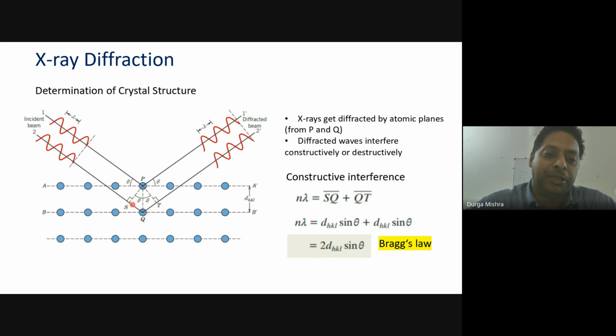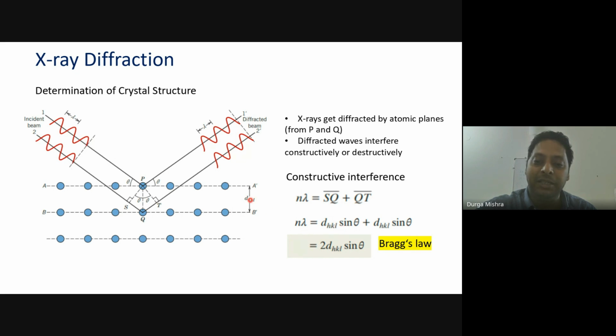This is the extra path beam 2 travels when it undergoes diffraction from plane B, from the atom Q. So it takes a longer path, SQ plus QT. Now you can calculate SQ and QT using simple trigonometry. SQ and QT will each be d_hkl sine theta.